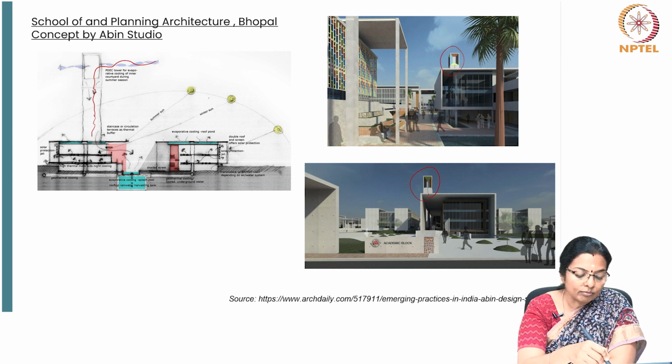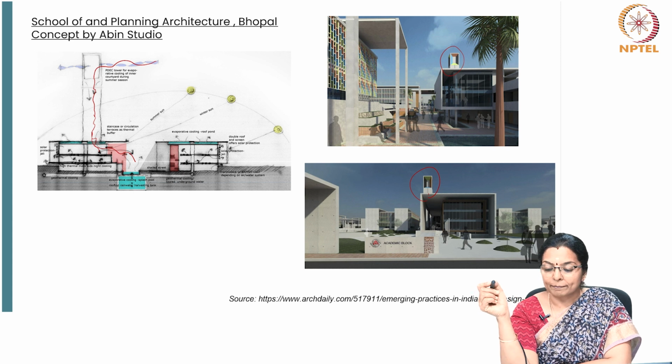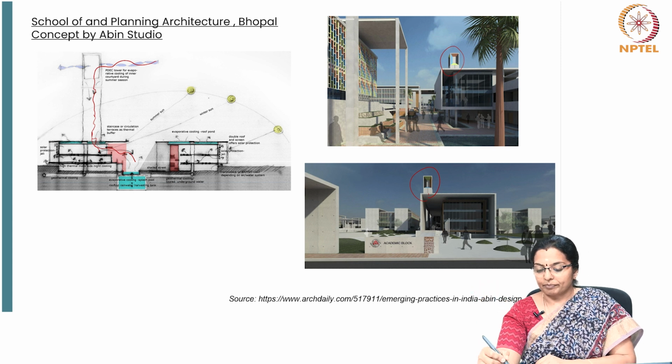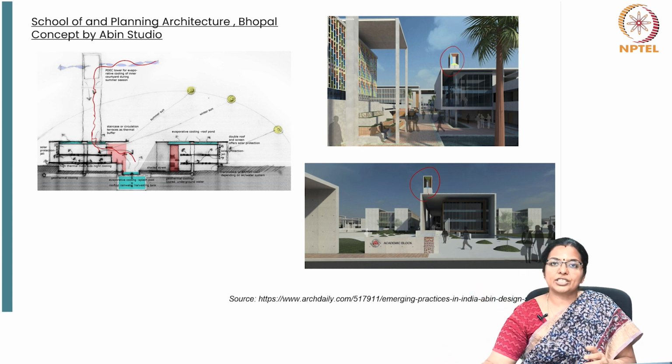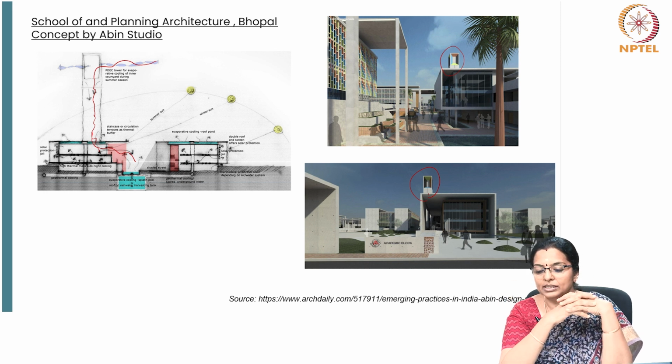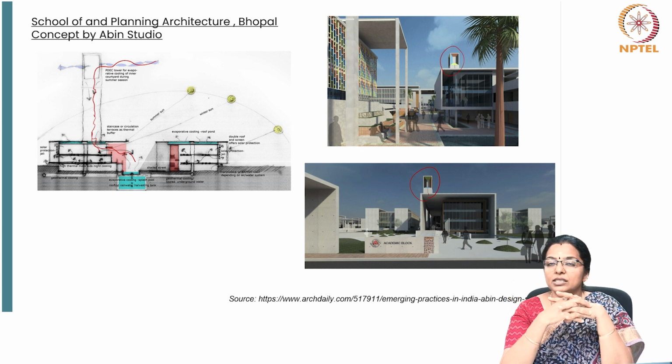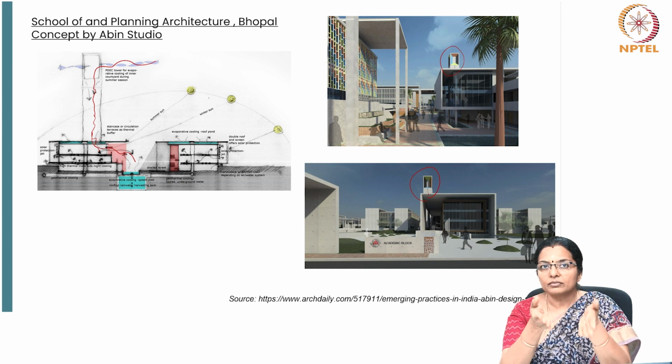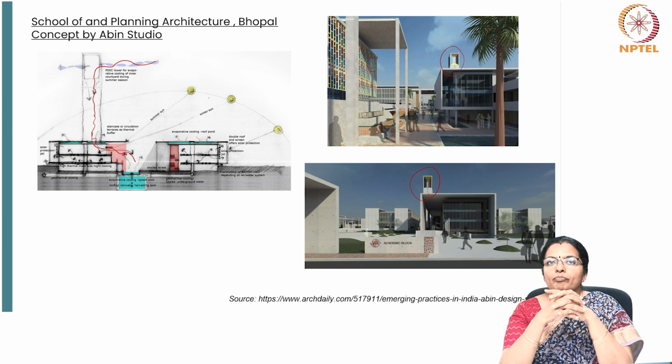The air from outside is brought in, and then there is a staircase or circulation terraces which act as thermal buffers, and there is provision for the breeze to enter the building, and it gets camouflaged as a design element because of the contemporary translation of this technique.